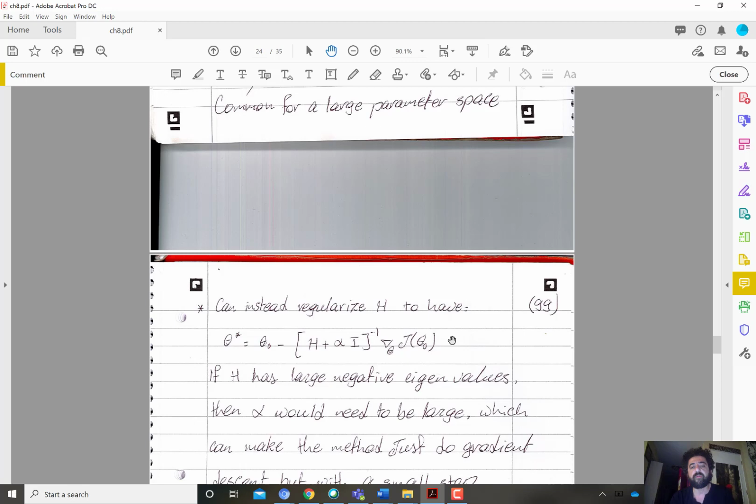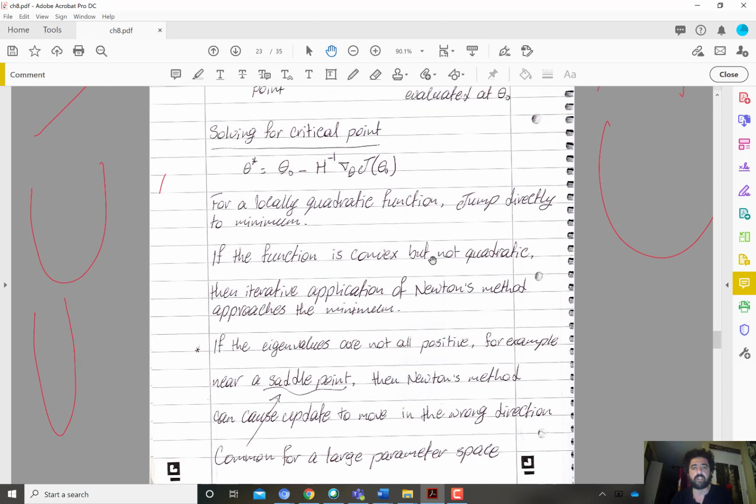Okay, now we'll come back to this regularization, but let's say one more motivation about Newton's method: even if the function is convex and not quadratic, this method will not reach the minimum in one step, but it will approach it. There is a theoretical proof that it will keep approaching the minimum.